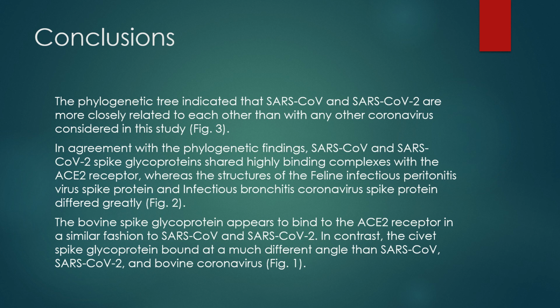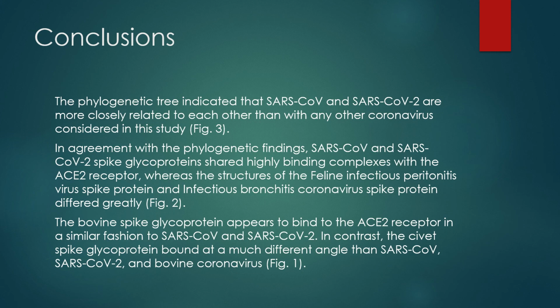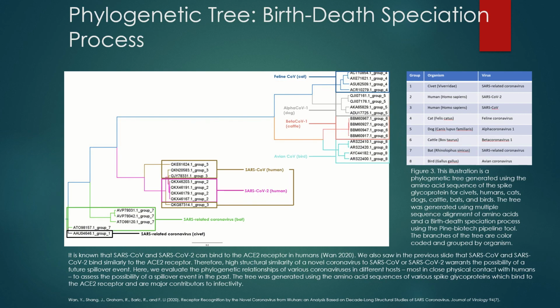And also, we already mentioned this, that in the protein binding model on this slide right here, we saw in panel A and B that SARS-CoV-1 and SARS-CoV-2 bind to the ACE2 receptor in a very similar fashion, whereas the structures of the feline infectious peritonitis virus, or basically the cat coronavirus, spike protein and the avian spike protein differed greatly.